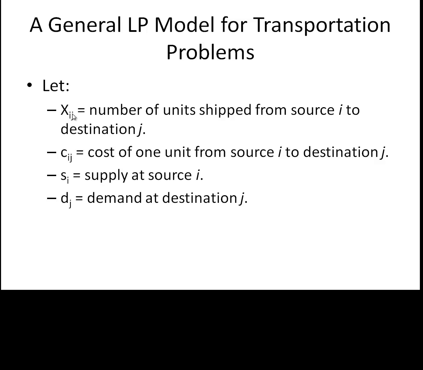For example, if I let Des Moines be my first component for supply and Albuquerque be my first component for demand, then this would be X sub 1,1. Now, we also have a cost associated with going from our source to our destination, and we have how much we have at our supply, and how much we have at our destination, or what our demand function is.